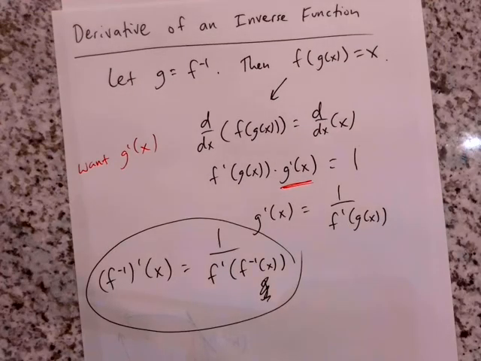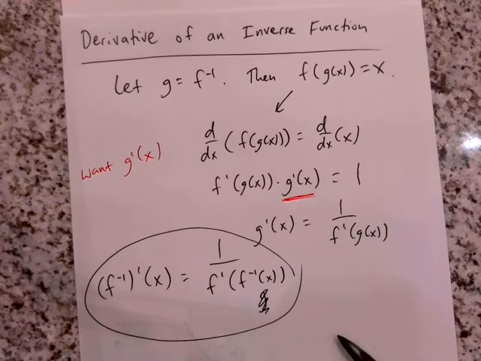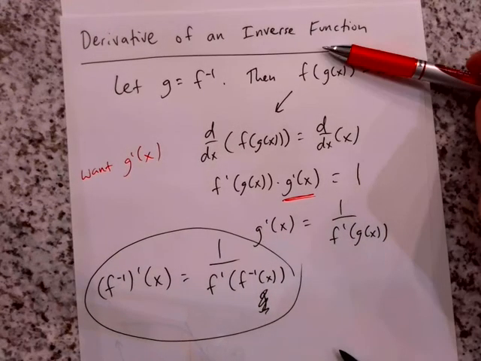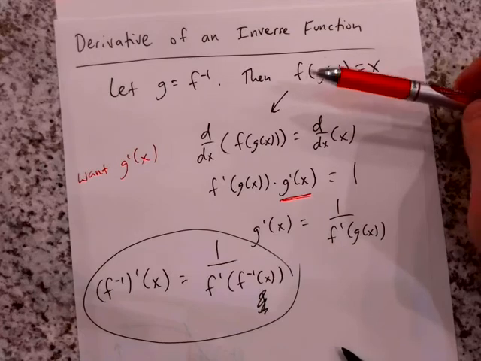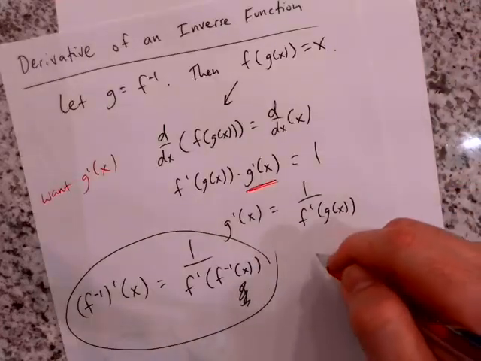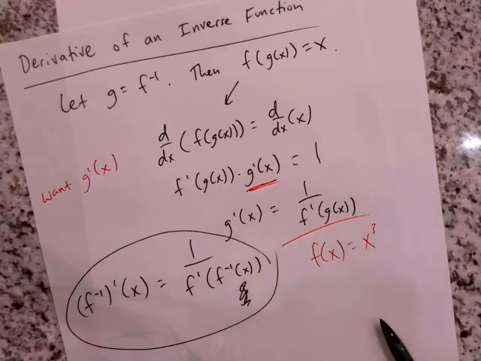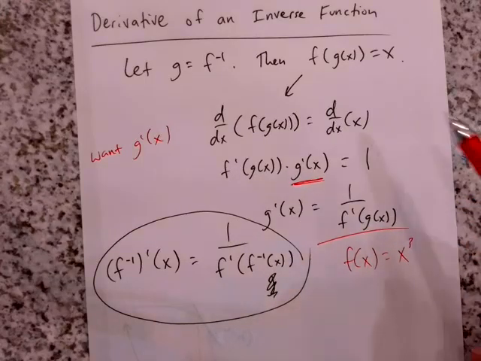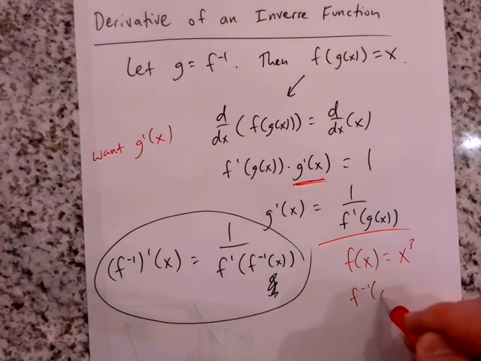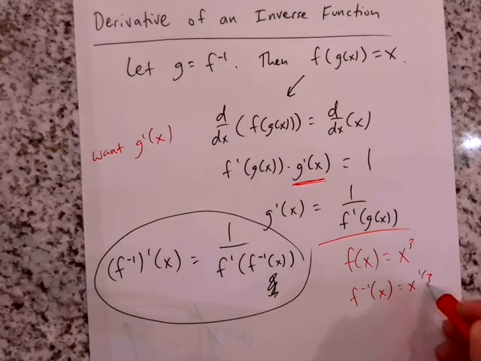It's also hard, by the way, to do this a different way, because you might think that if you want to find the derivative of the inverse function, you could just find the inverse function, right? For example, if your function was x cubed, why mess around with this? Just find the inverse function, which is x to the 1/3.